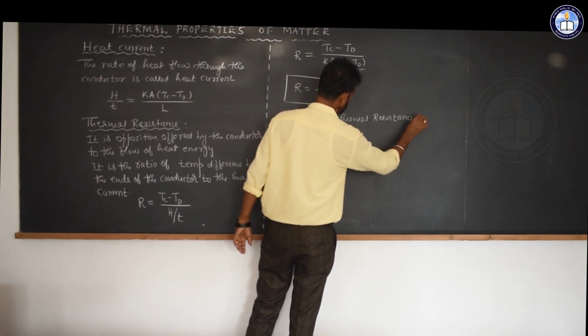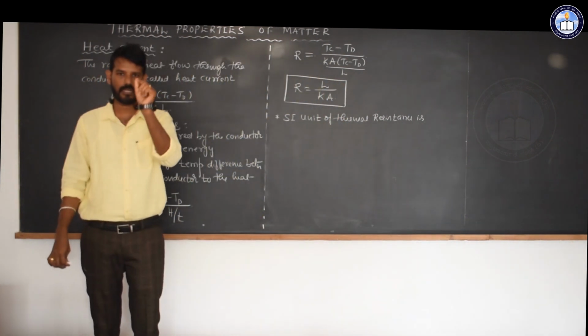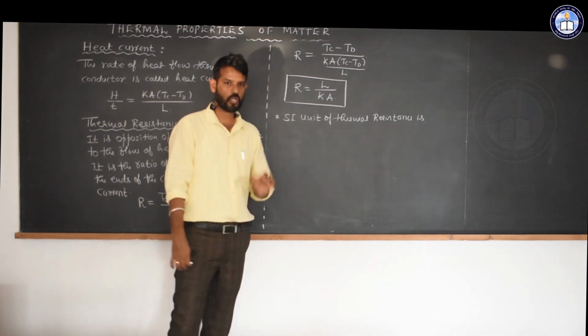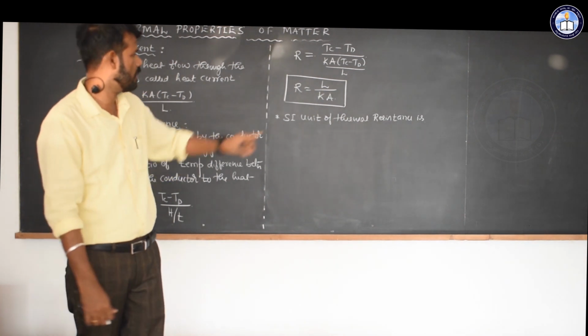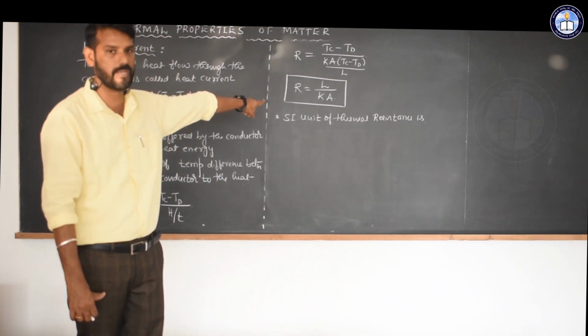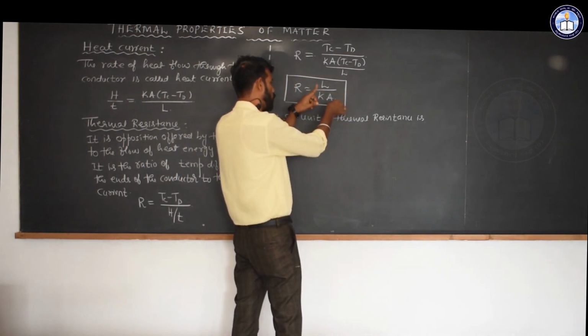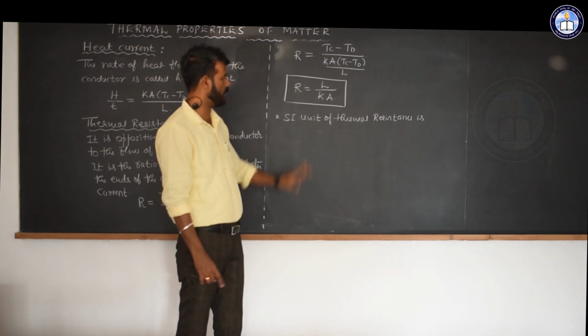The SI unit of thermal resistance: here L stands for the length of the rod, measured in meter. A stands for cross sectional area, where we have meter square. But K is the thermal conductivity. So here one meter from the meter square cancels, leaving meter power -1.